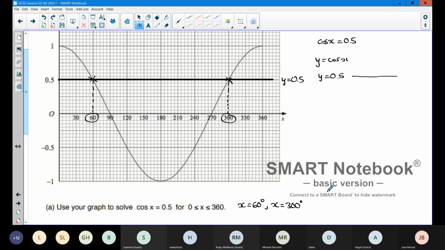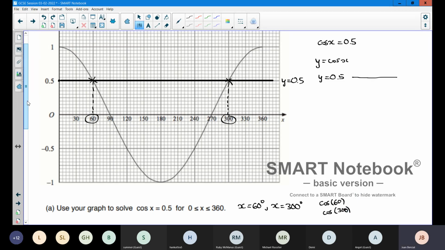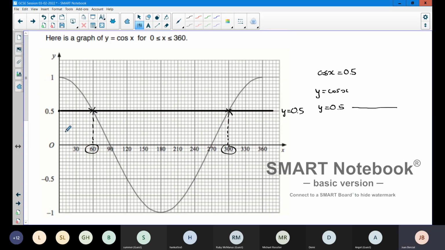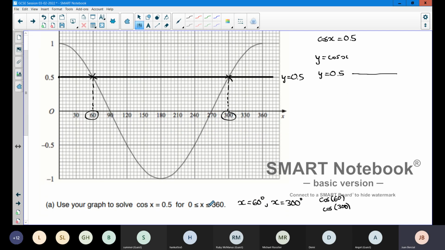And again, top tip, you go to your calculator if it's a calculator paper, and you find the cos of 60 and the cos of 300, and then you know if you got it right or wrong. Okay, so this is another type of question that they may ask with trigonometric equations.